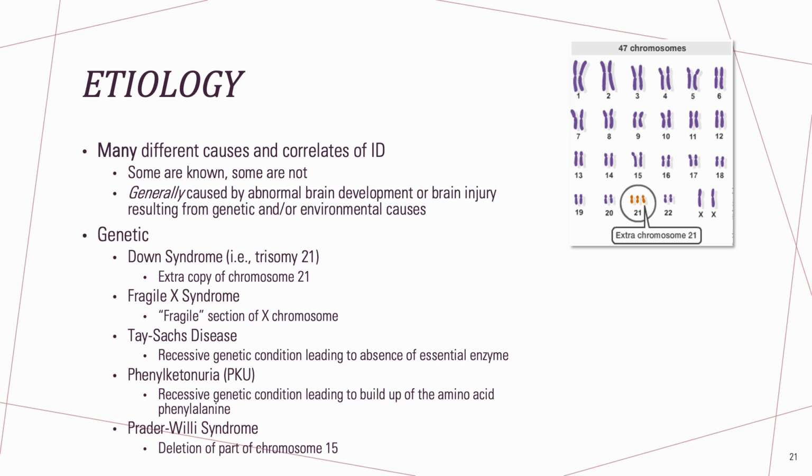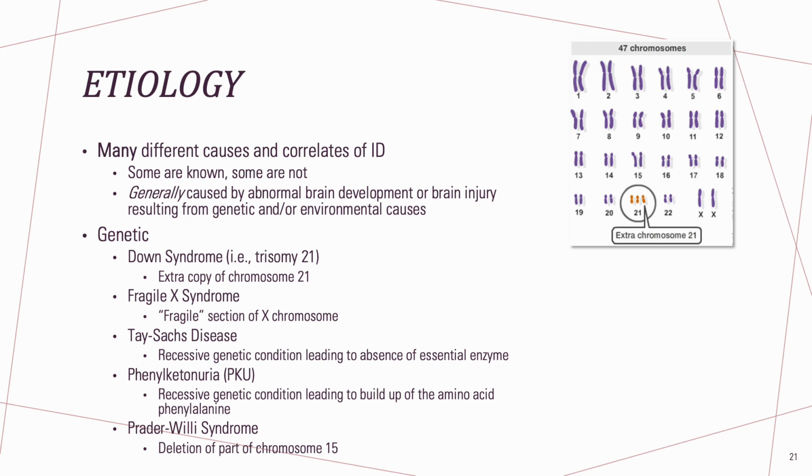But generally, the consensus is that intellectual disabilities are caused by abnormal brain development or brain injury resulting from genetic and/or environmental causes. So there are genetic syndromes that are associated with intellectual disabilities, and these different genetic syndromes have different genetic mechanisms that underlie each of the disorders and describe some of the cognitive features.